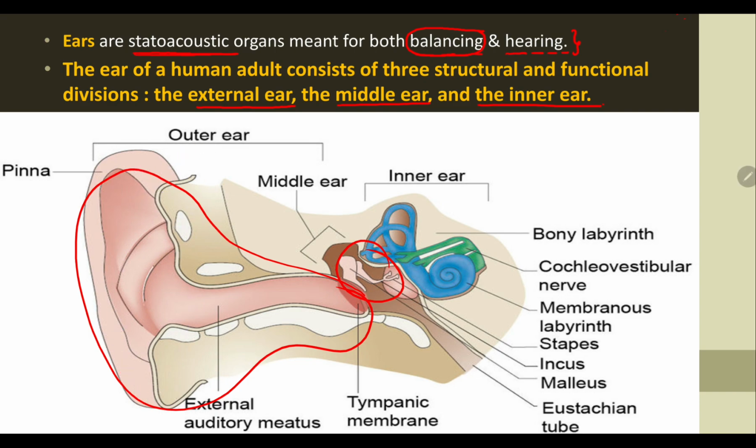This ear pinna is present only in mammals. Then we have a canal-like structure that is called the external auditory meatus or external auditory canal. And then here we have one membrane also, that membrane is called the tympanic membrane. So these three parts make up the external ear.